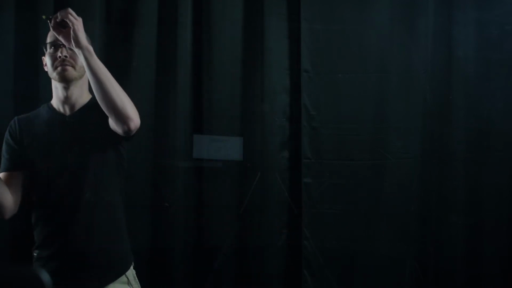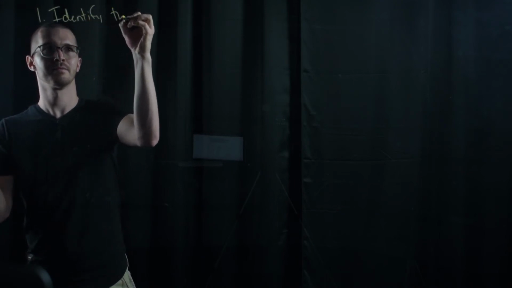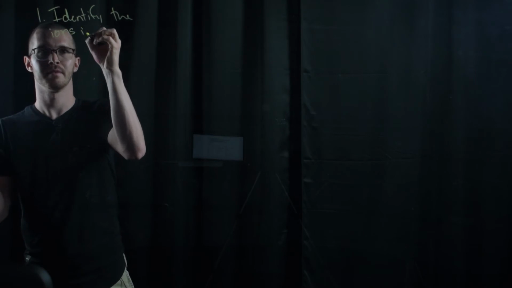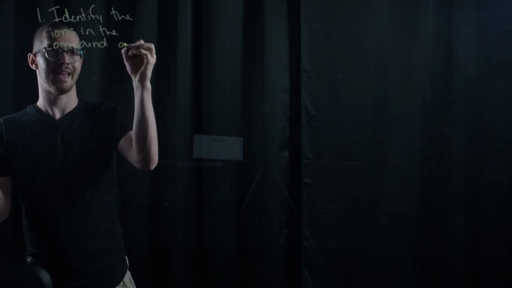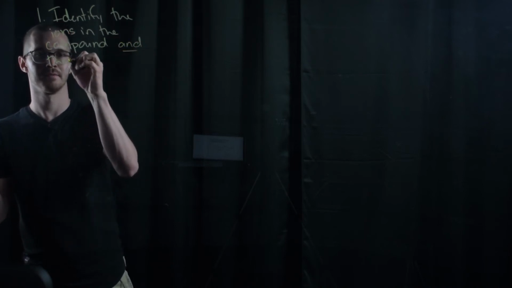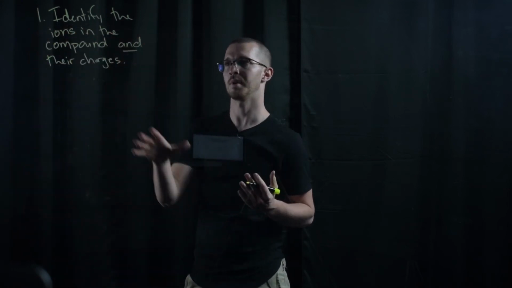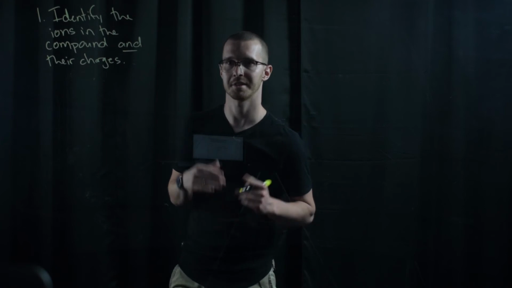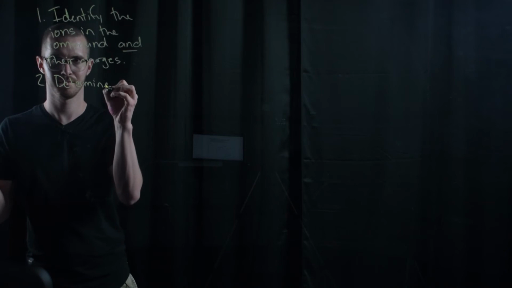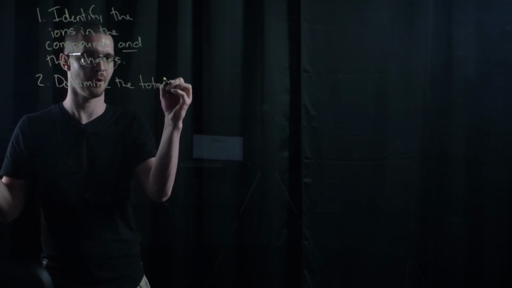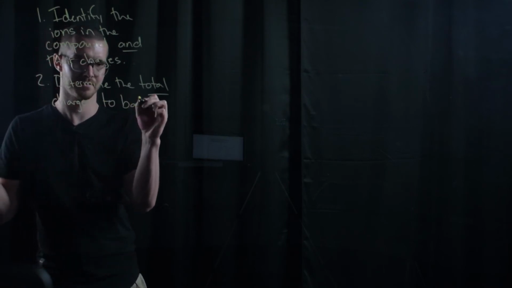So first what we need to do is identify the ions in the compound and their charges. So we need to know what ions are there, as well as what their charges are. Now the second step is we need to determine the total charges to balance.